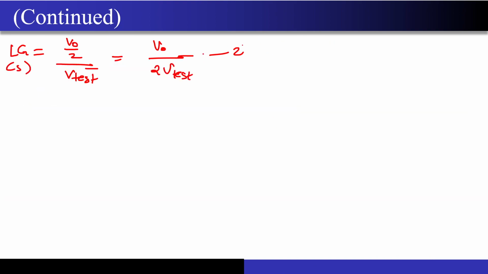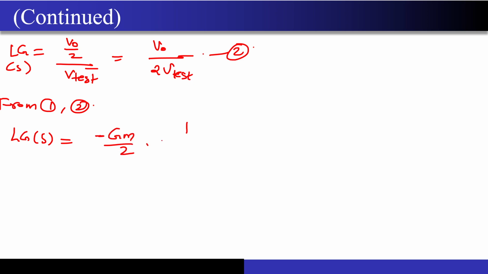So let me highlight this as equation number 2. So from 1 and 2, the loop gain of S will be minus Gm by 2 into 1 upon G0 plus 1 by 2R plus SCL. Okay, so this is the loop gain equation with respect to frequency.